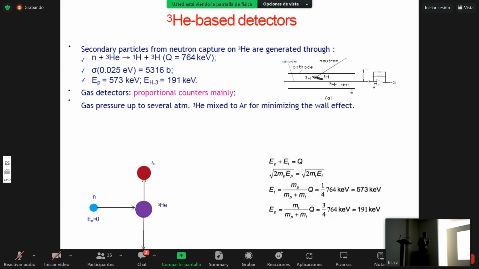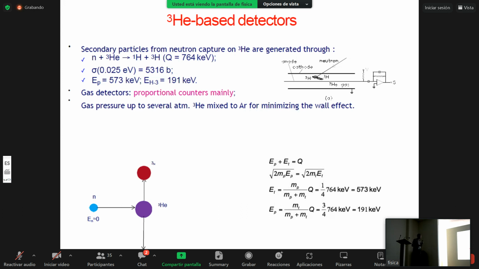During the interaction, the neutron is absorbed, and you have two nuclear charged particles, triton and proton, with energy of about 800 keV, and the energy between these two products is distributed according to their masses, according to simple kinematic equations.